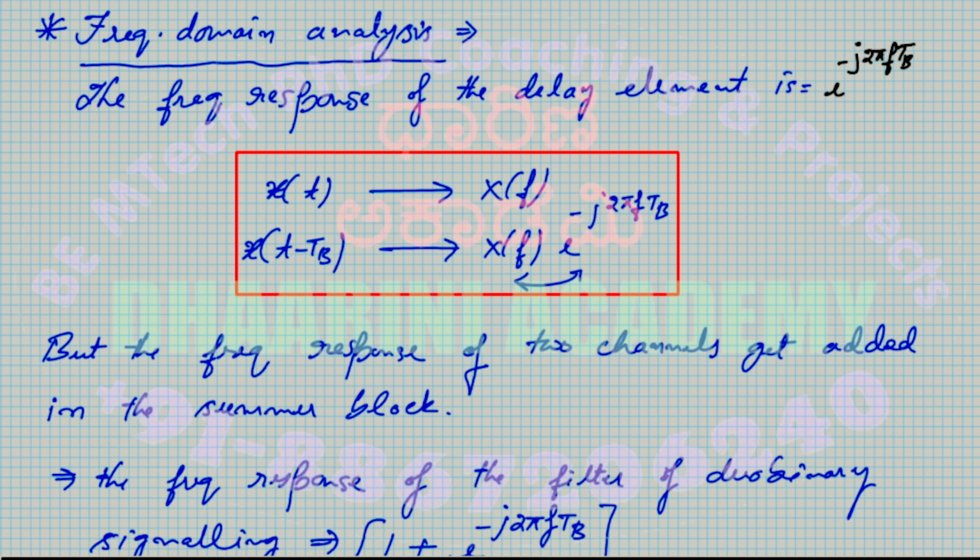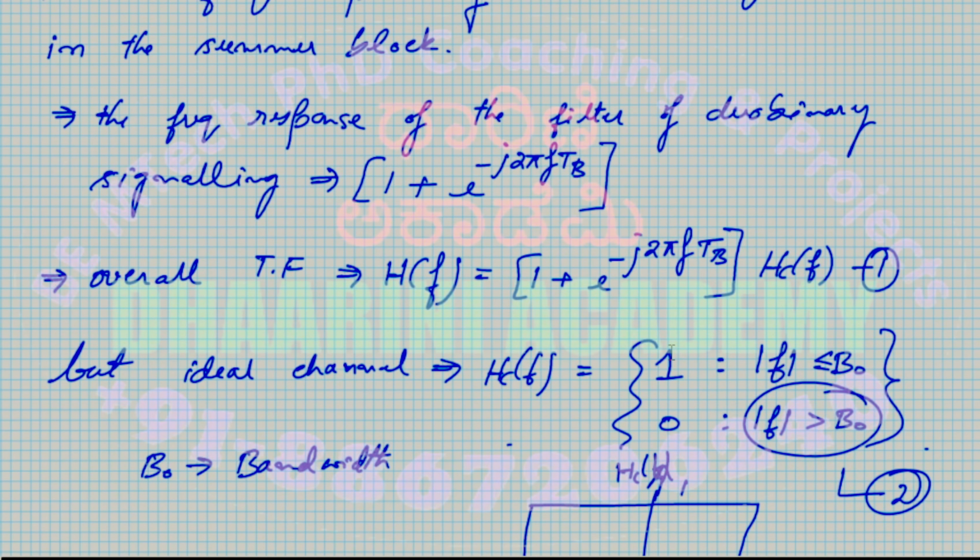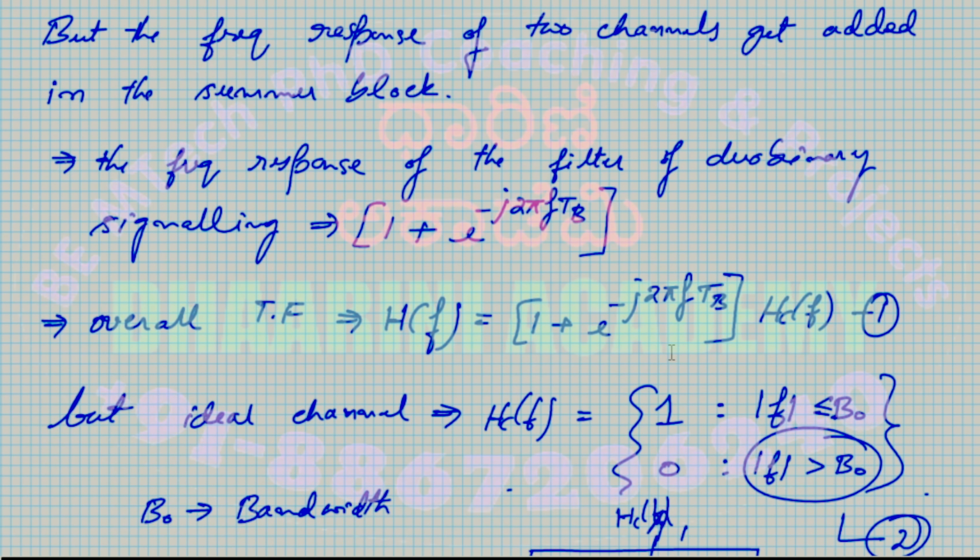Now you see there is one component that is a delay. We are talking about the block diagram of the duo binary signal. Initially there is one delay and one direct connection which comes to the summer. The next sentence says the frequency response of the two channels should get added to get the result of the summer block. What are the two channels?